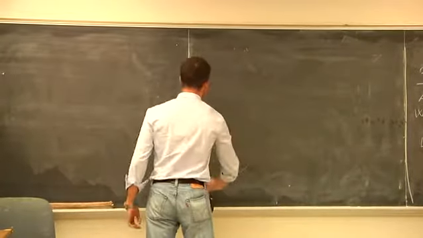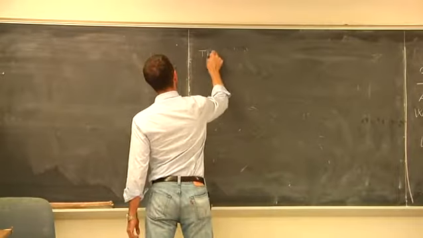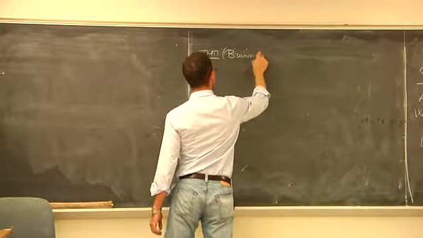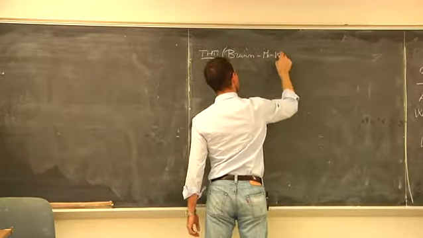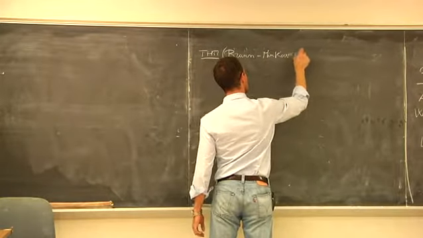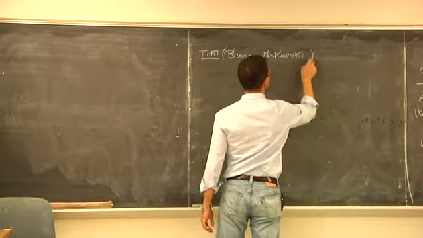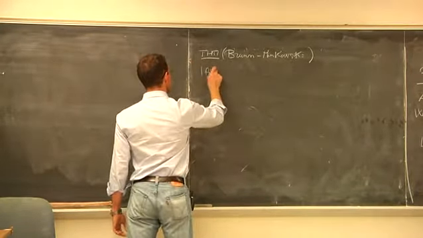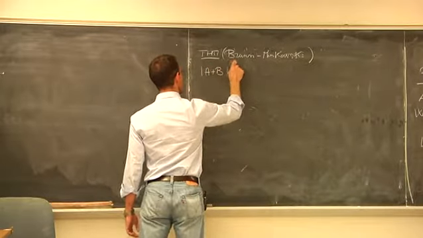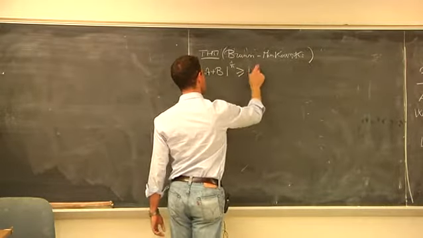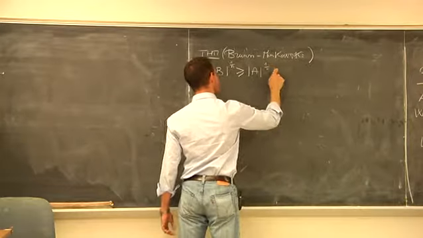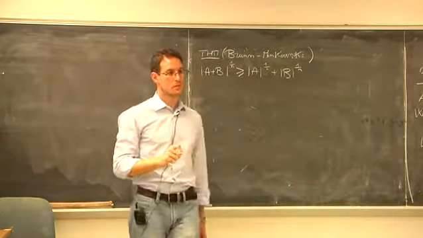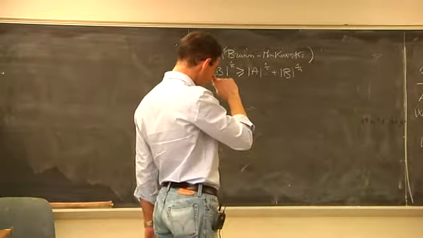So the theorem of Brunn-Minkowski says the following: that the volume of A plus B to the 1 over n is always greater or equal than the volume of A to the 1 over n plus the volume of B to the 1 over n. So that's the first thing.